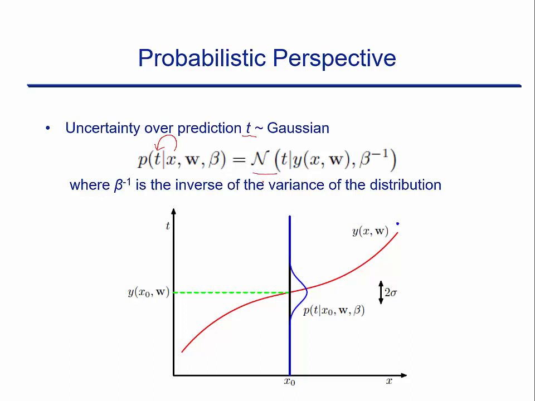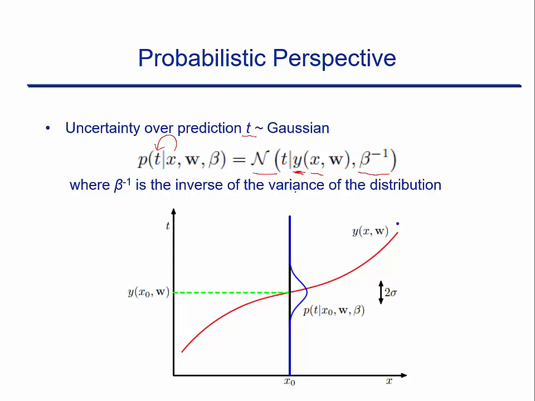This is a Gaussian distribution with the mean being the predicted value y of x given the estimated parameter vector w, and beta raised to -1 is called precision. It is the inverse of the standard deviation of the distribution.